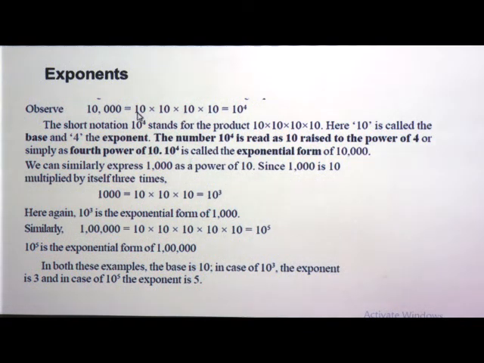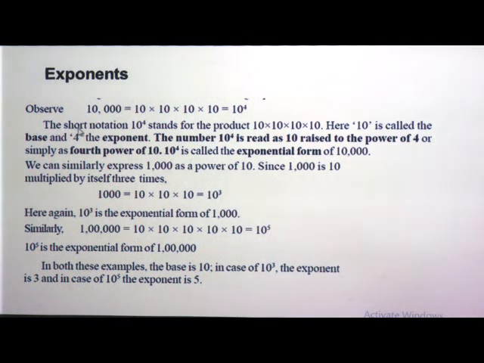We are multiplying 10 four times, so the product is 10,000. So here 10 appears 4 times, so we write it as power 4. We have learned till now 10 to the square, 10 to the cube. Here we say 10 to the power 4, which is 4 times 10 in multiplication form.